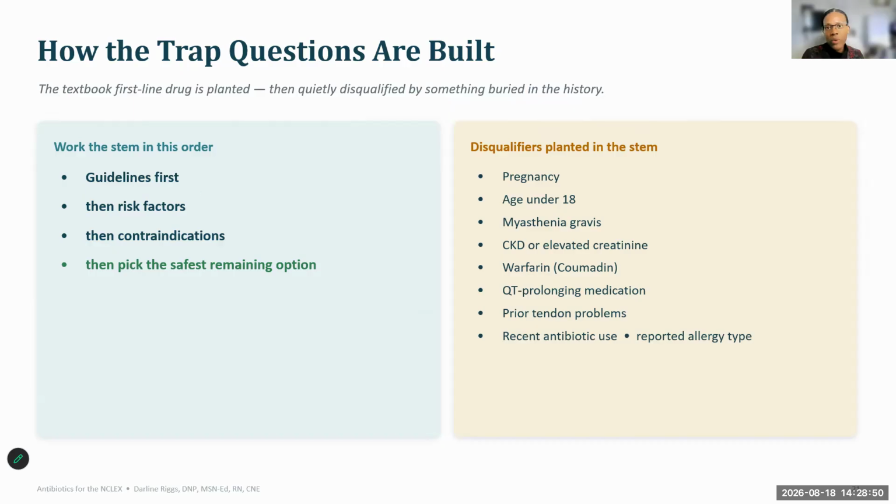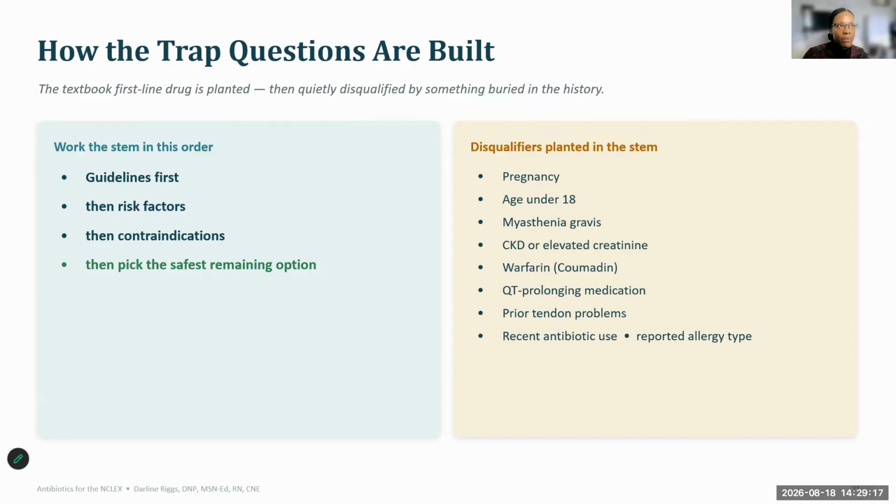But if you're reading a question and you don't pay attention that it's a pregnant patient, under 18, diagnosed with myasthenia gravis, their creatinine is elevated, or they have chronic kidney disease, they're on warfarin or Coumadin, they have a QT problem, you have to pick up on these disqualifiers, okay? So that's all the teaching.